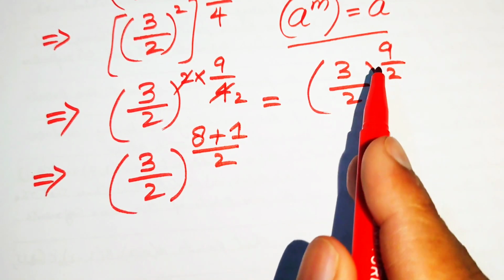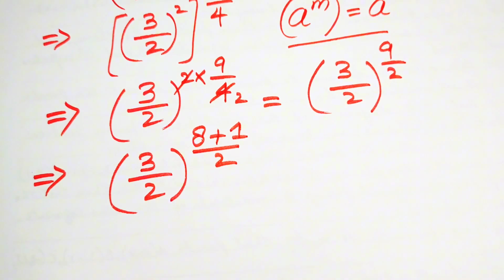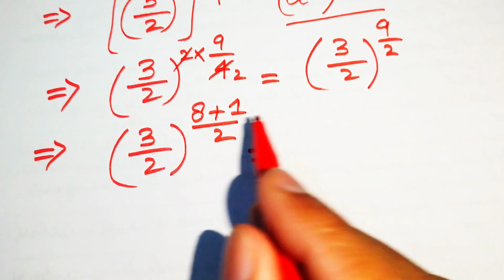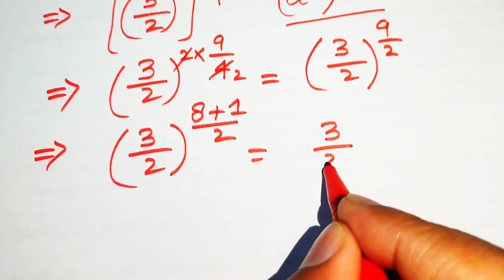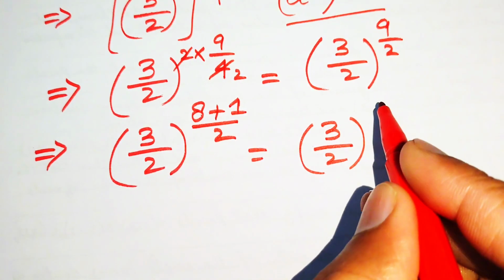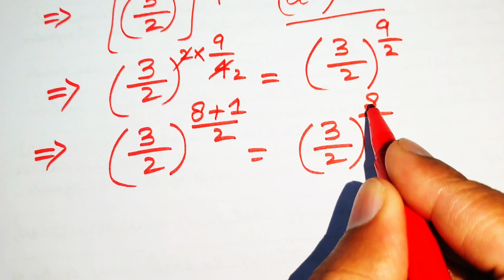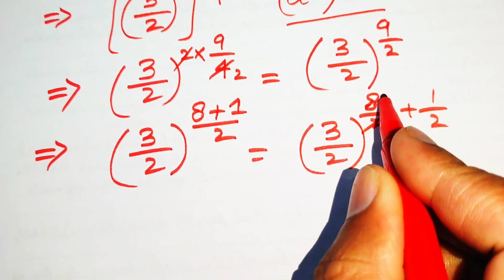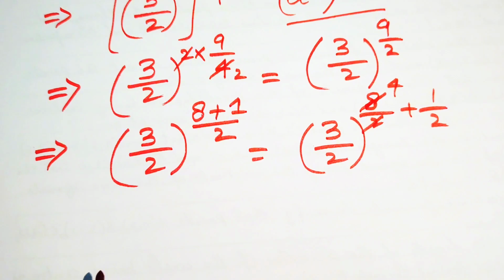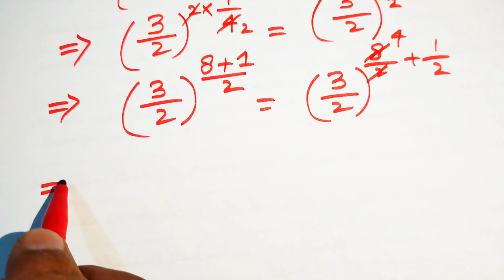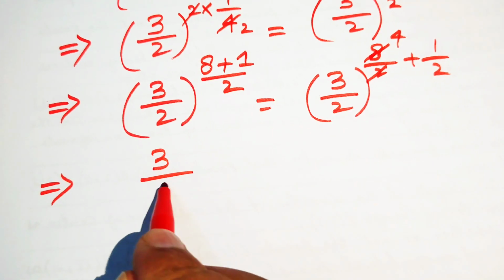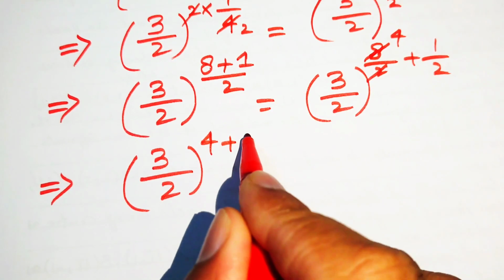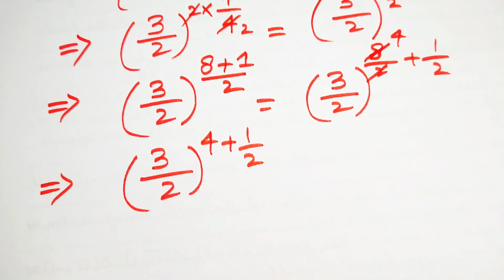Now we break this fraction, and it is written as 3 over 2 and its exponent is 8 divided by 2 plus 1 over 2. These two 4's make 8, and we obtain 3 over 2 and its exponent is 4 plus 1 over 2.